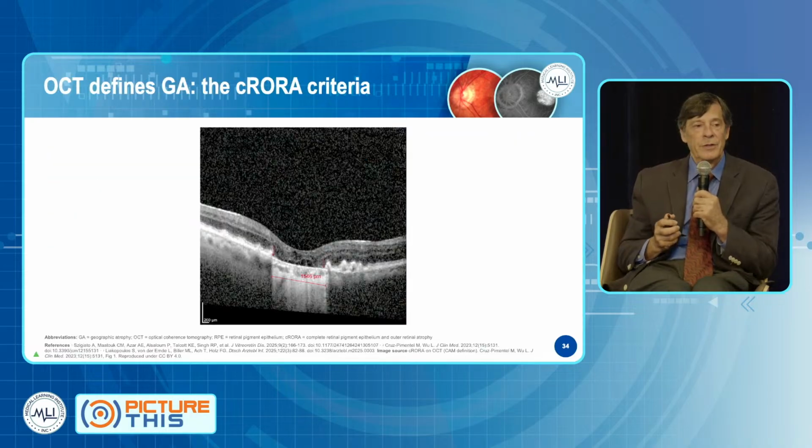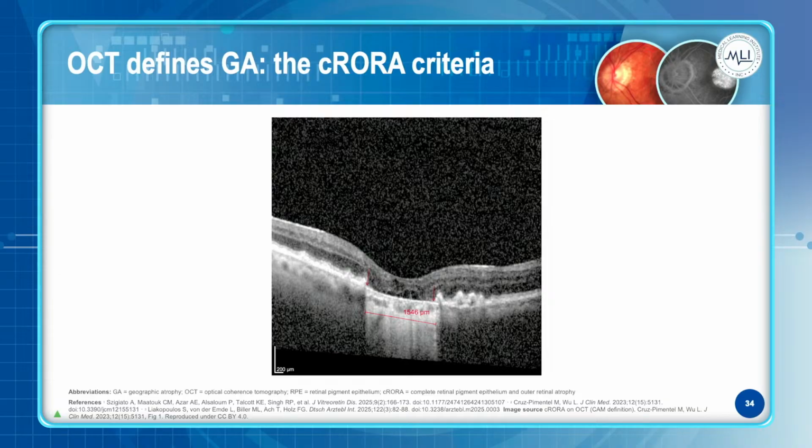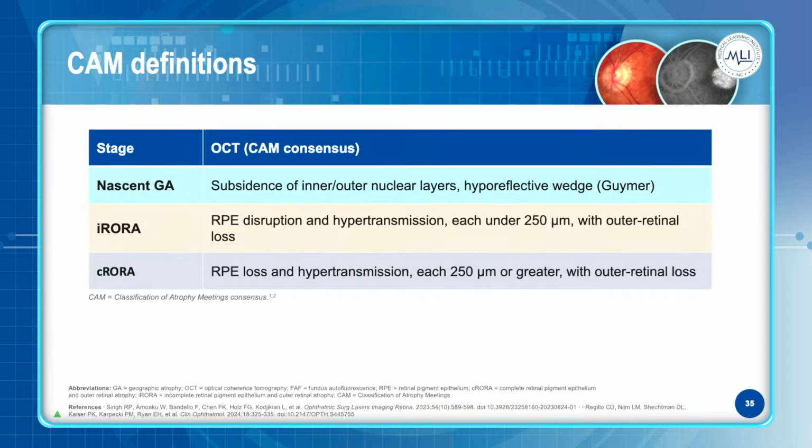So I mentioned cRORA, and that OCT is the terminology, and I would mention that the CAM group has decided that OCT is the primary modality upon which we base the diagnosis. And there are terms that I think are important to understand, and I'm going to mention cRORA in a minute, but you may have heard the term nascent GA.